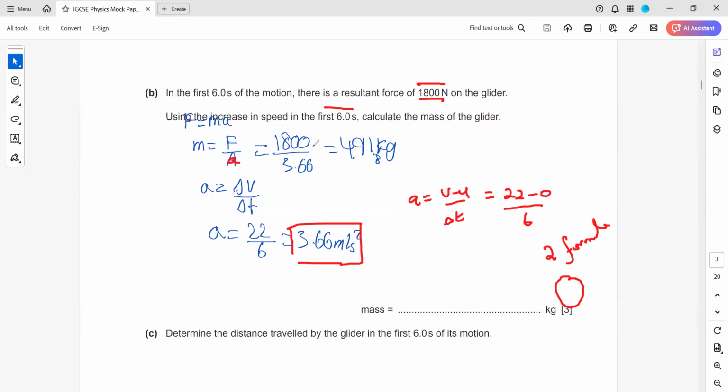The resultant force is 1800 and the acceleration is 3.66. Whenever you write the answer, try to write it in three significant figures. So it is 491 kilograms. So we can write 491 kg. If you don't round off, that is fine, but write the answer in three significant figures.